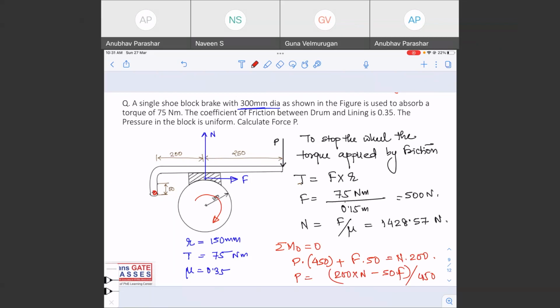Calculate it and give me the answer. 200 into N, what is N? 1428.57 minus 50 into F, F is 500, divided by 450.